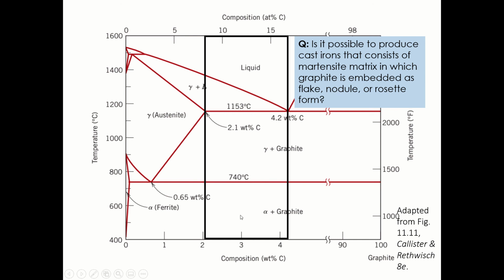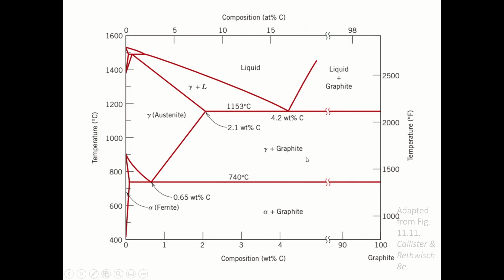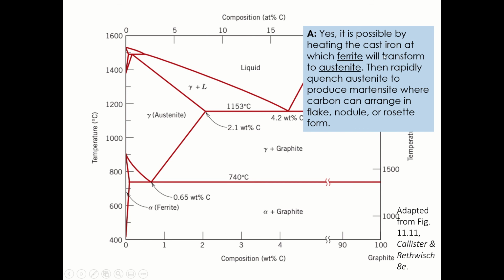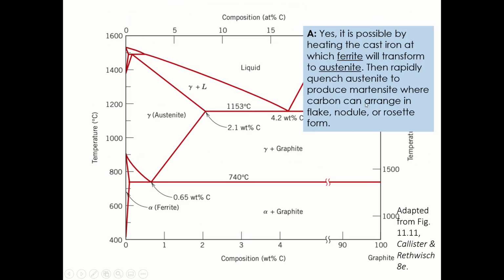So we have a ferrite here. It is possible if you heat it, the ferrite will transform to austenite. Then rapidly quench the austenite to produce martensite, where carbon can arrange in flake or nodule form. So the answer is yes, it is possible by heating the cast iron in the ferrite area, and then we quench it to produce martensite.